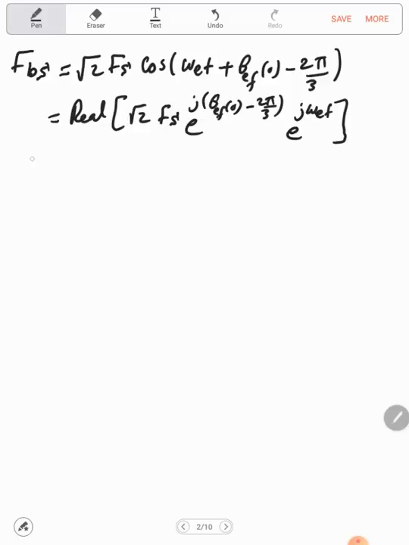So as a phasor, Fbs will equal Fs exponential of j theta EF of 0 minus 2 pi over 3.